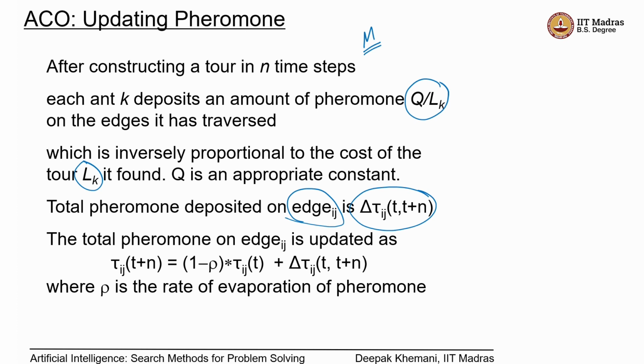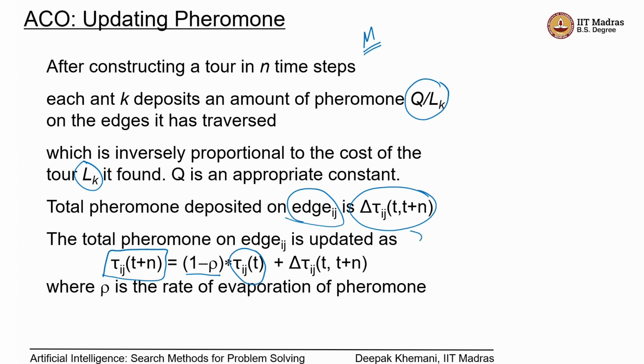There is another feature that we follow from nature, that we update. So remember that there are n cities and it takes n time steps to construct a tour. So we look at the pheromone at time t, tau ij. We say that some of it evaporates over a period of time. So we have this rate of evaporation called rho. So only 1 minus rho of that remains.